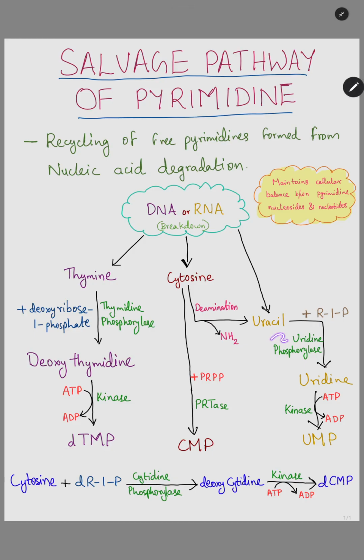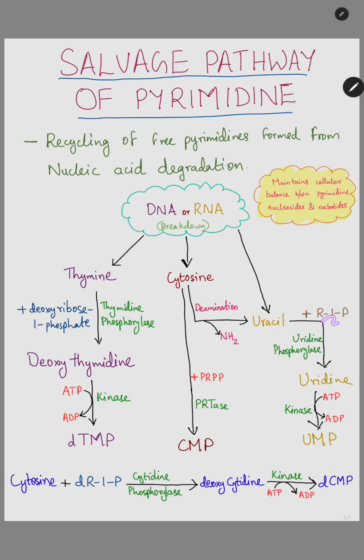Now we come to uracil. The nitrogen base thymine comes only from DNA, and the nitrogen base uracil comes only from the RNA. In the case of uracil, the enzyme is uridine phosphorylase. In thymine it was thymidine phosphorylase, and here it is uridine phosphorylase.